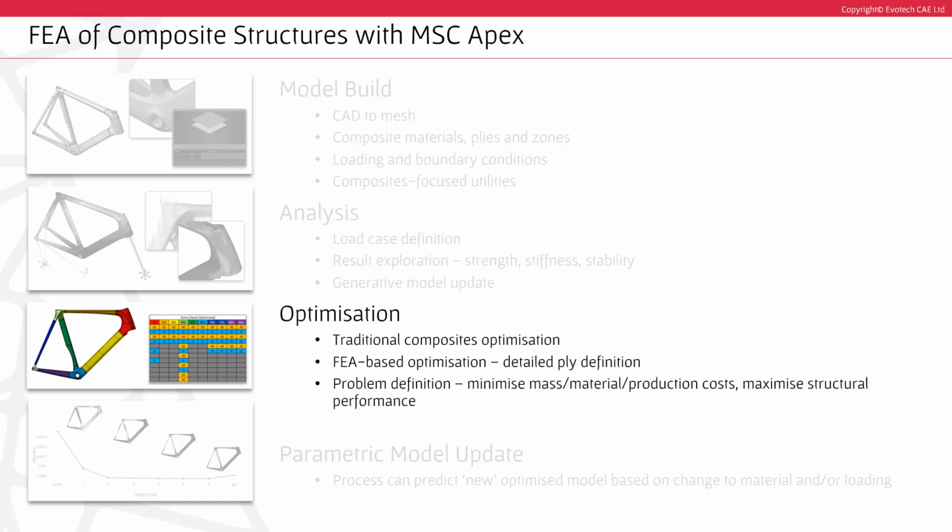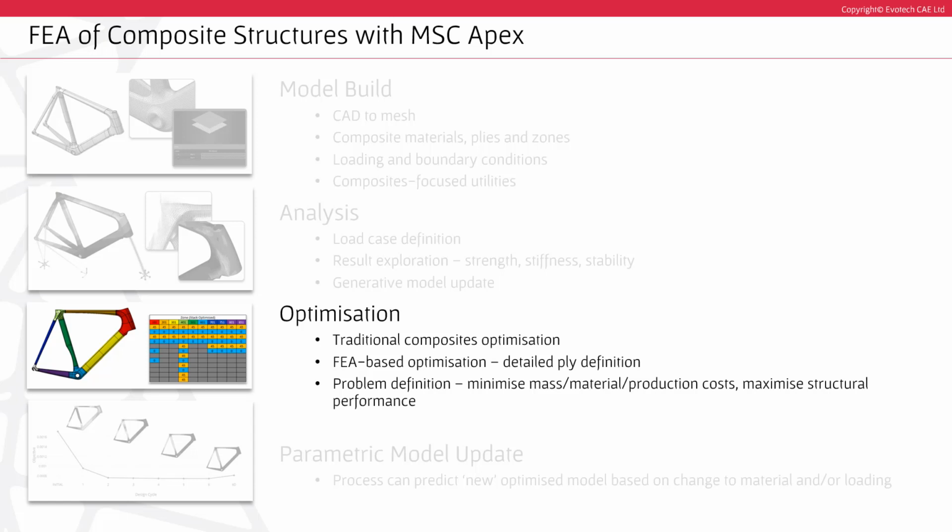Okay, so to perform an optimization analysis in its true sense, we need to define our problem pretty carefully. So generally speaking, for this kind of structure, again, we're going to be looking at things like minimizing the mass, minimizing the amount of material that's being used, which ultimately could be used to influence a sort of minimal production cost approach.